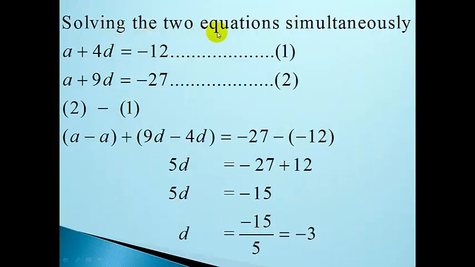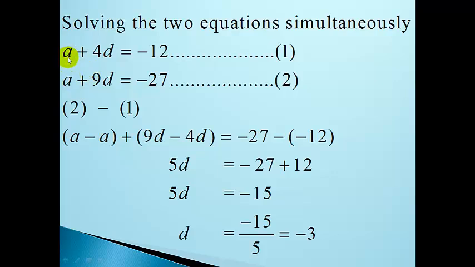Now solving the two equations simultaneously, we have a plus 4d equals minus 12, that is our equation 1, and a plus 9d equals minus 27, this is our equation 2. Now we use the elimination method in solving this problem. We are going to eliminate the variable a.